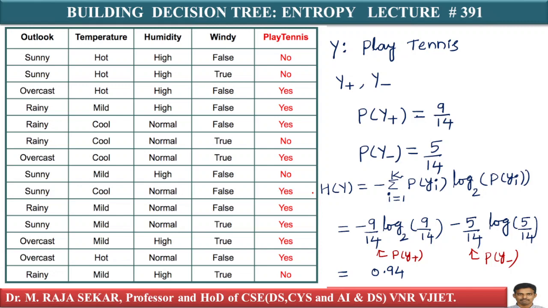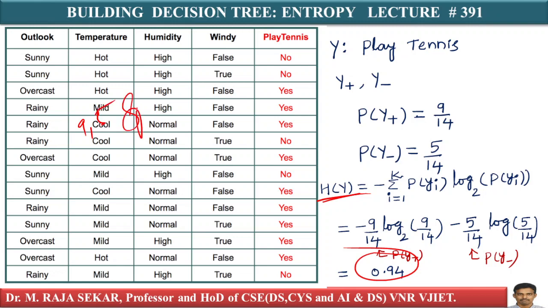H of y equals minus 9 by 14 log 9 by 14 base 2 minus 5 by 14 log 5 by 14, because there are 9 positive values and 5 negative values for random variable y, which takes y plus and y minus as two possibilities. It is a 9 comma 5 split, isn't it?